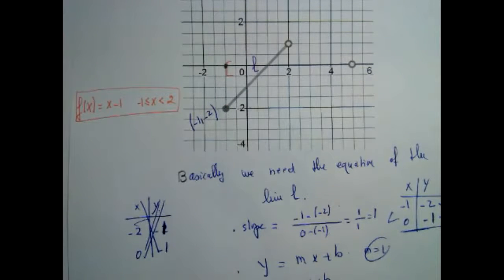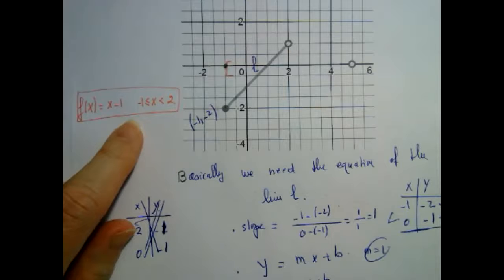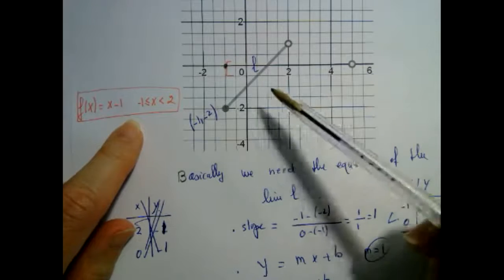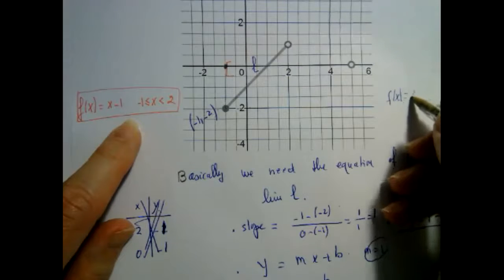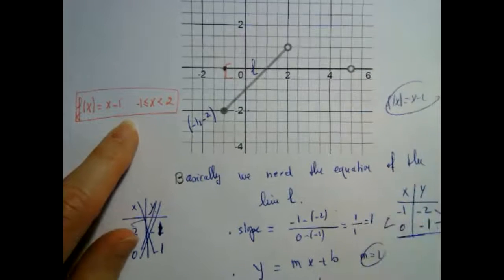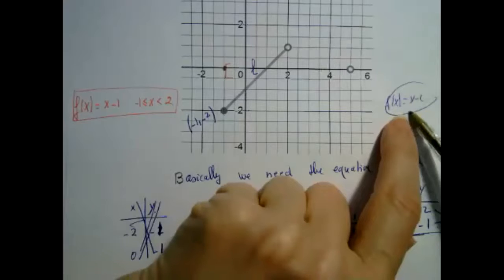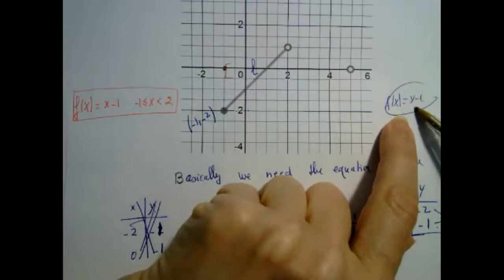Okay, so I found the equation of the line, which is x minus 1, but now what's my formula? My formula is going to be x minus 1, but I have to restrict the domain. Otherwise, if I tell you f of x is x minus 1 and I don't tell you the domain, then according to this formula, f of 4 makes sense. So it does not reflect the graph.